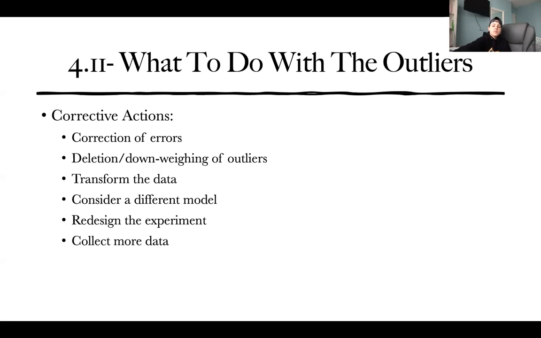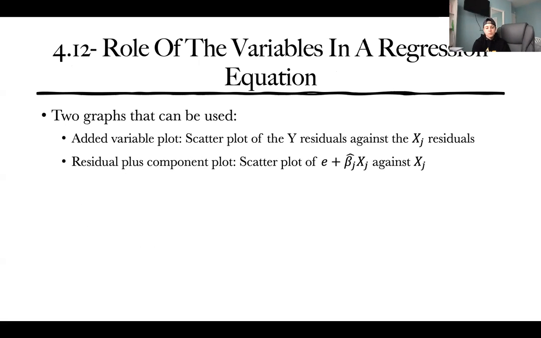All right, so moving on to section 4.12, which is the role of variables in a regression equation. Our t-test should be interpreted along with the appropriate graphs in order to determine if the variable should be retained or omitted. Two graphs that can be used for this are the added variable plot and the residual plus component plot.